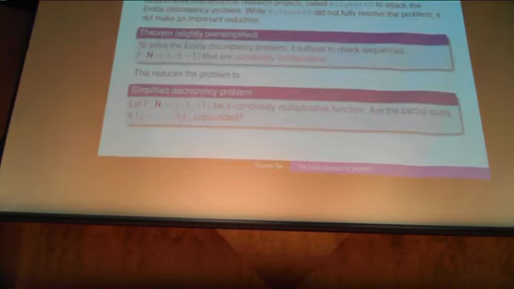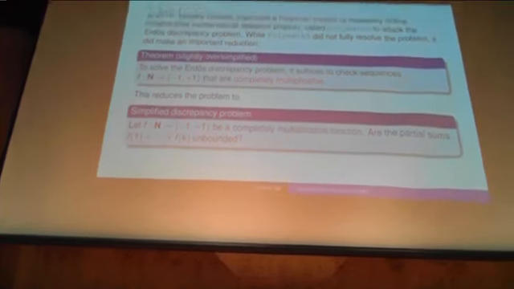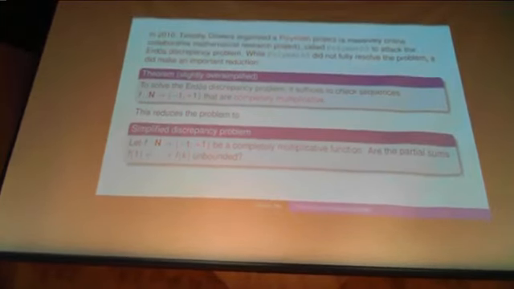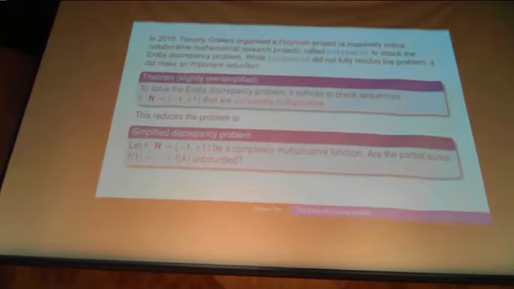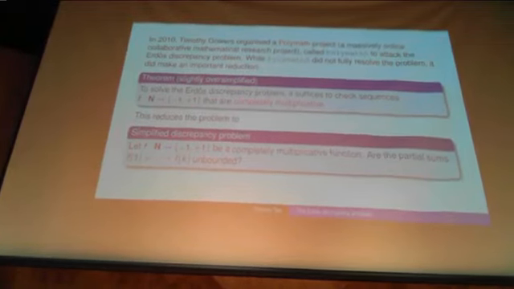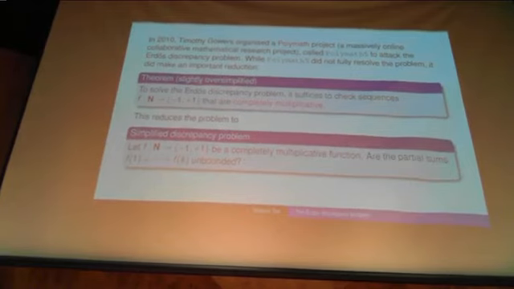So back in 2010, actually, this problem was attacked by what's called a Polymath Project, which is a fairly new way of doing mathematics. So traditionally, mathematicians sit alone, or maybe we work in groups of 2 or 3, and we don't share what we do until we've finished our problem.